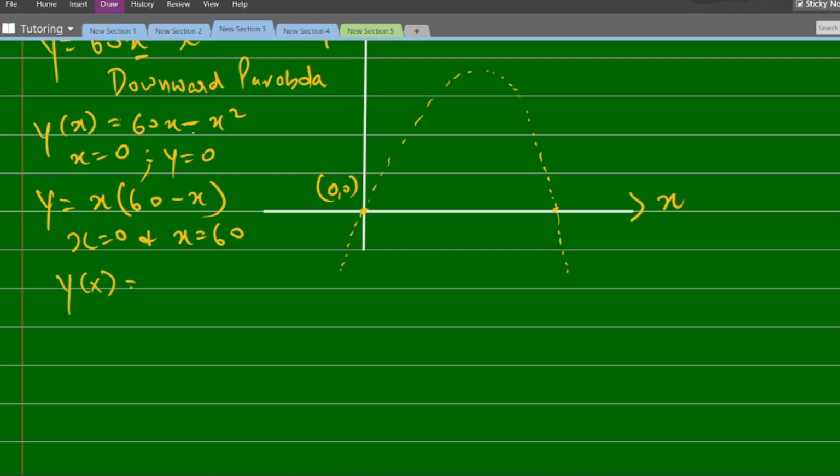If I put x as 60, this becomes 60 times 60 minus 60, which is 0. So this point will be 60, 0. Again, this is just for visual learning, okay? Let me erase all that.